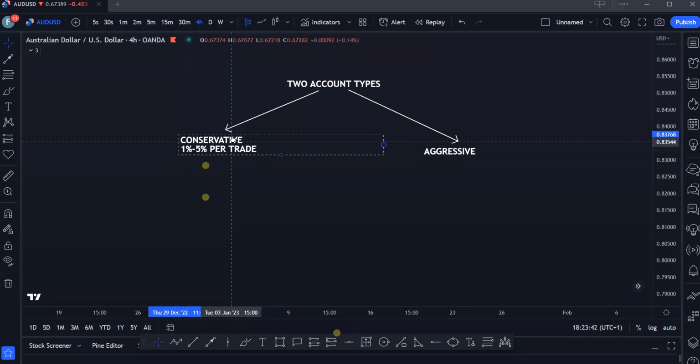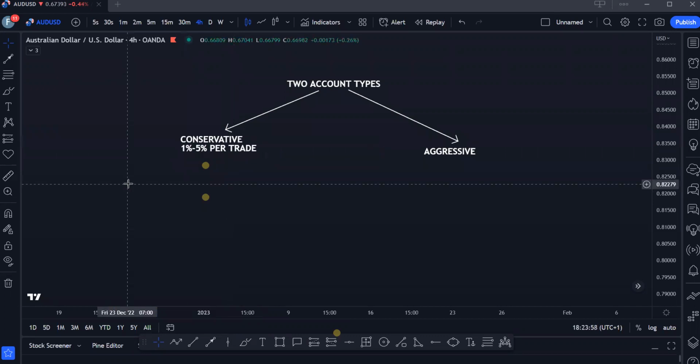So if you are trading an account of $1,000, when you take any trade at all, the maximum you want to lose on that trade is $50 if you choose to risk 5% per trade. If you choose to risk 1% per trade on an account size of $1,000, the maximum you should lose on that trade is $10. 1% of $1,000 is $10. 5% of $1,000 is $50.